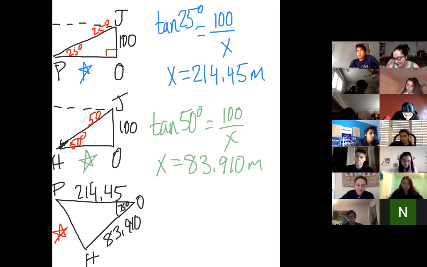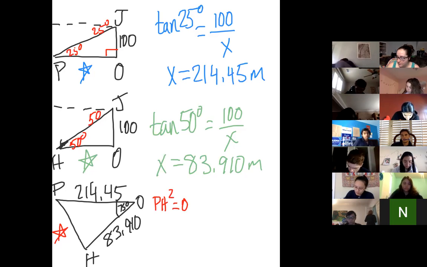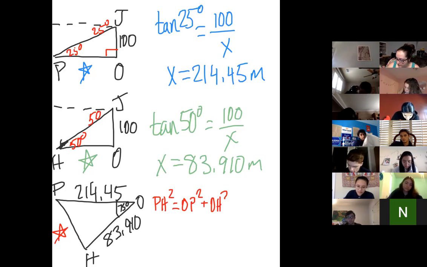Yes, Sonia. Okay, so now I get to use cosine rule. So I have that PH squared is equal to OP squared plus OH squared plus OP times OH times the cosine of 75 degrees.